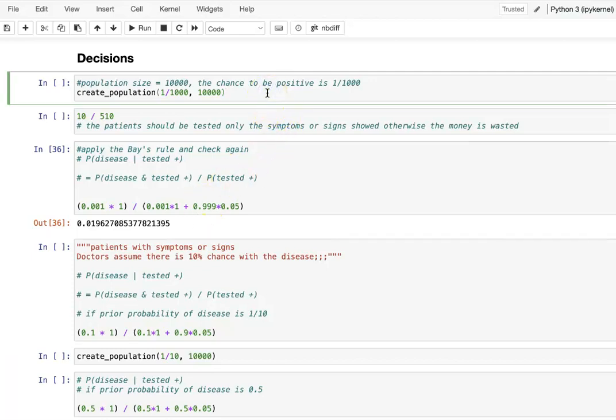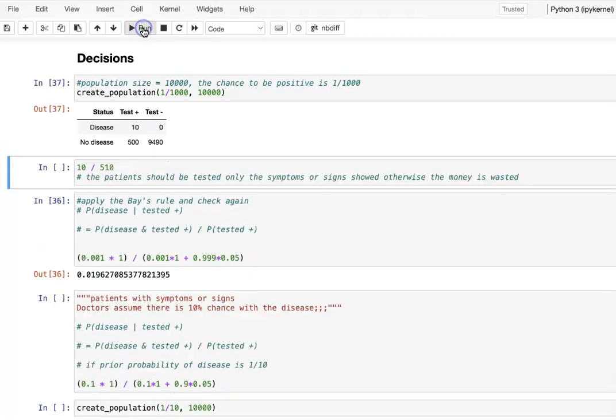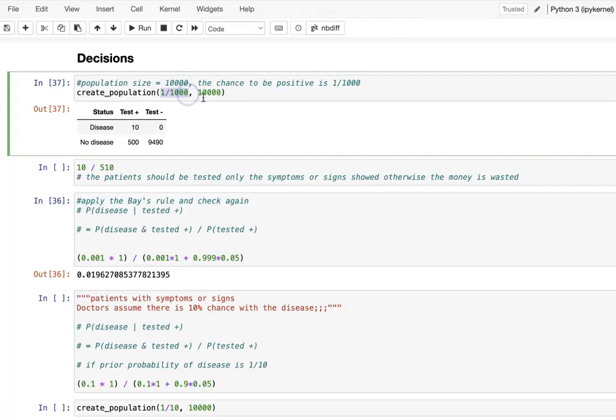But of course, we still can make the table like that. That's why earlier, at the beginning of this lecture file, we created a function called create population. You specify the chance to get the disease, and then your population size. Of course, this implementation already includes the true positive rate of 95% and the false positive rate of 5%.